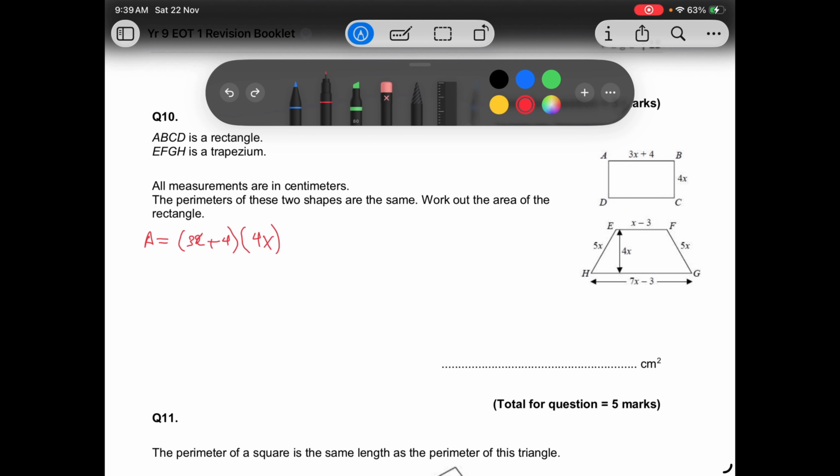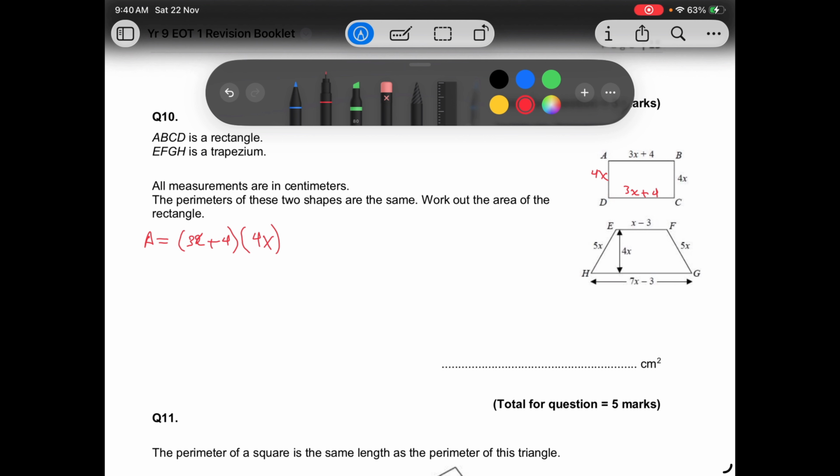So if you add this side to this side to this side to this side, and you add this side to this side to this side to this side, the result will be the same. This is the meaning of perimeter. So the perimeter of the rectangle is 2 times the length plus 2 times the width, because you know this is duplicated. Here we have also 3x plus 4, and I have here 4x.